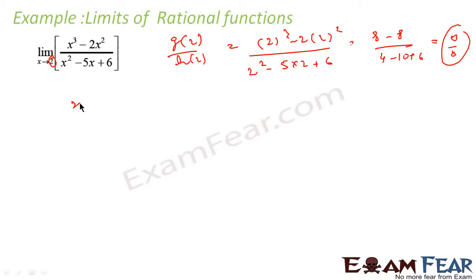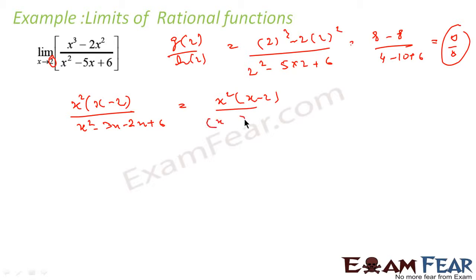So let's refactor this. We take x square common, so this becomes x square into x minus 2, correct? And we refactor the denominator: x square minus 3x minus 2x plus 6, which gives x minus 3 into x minus 2.